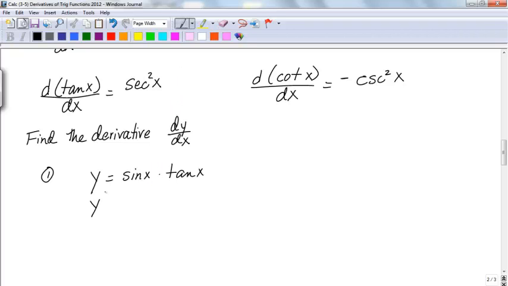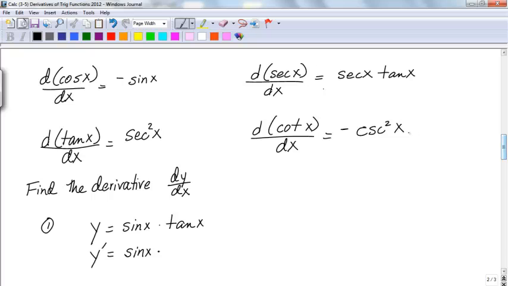Okay, so y prime, product rule says leave the first quantity the same, sine x, times the derivative of the second quantity. So you have to say, what's the derivative of tangent? So you go back and look, the derivative of tangent is secant squared. So this would be secant squared x.